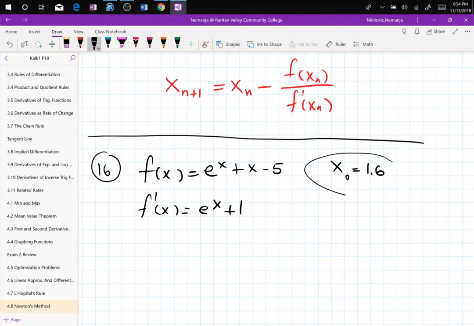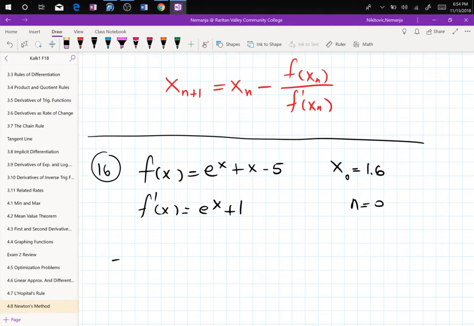So you already have x0, which is for n equals 0. So the next one is n equals 1.